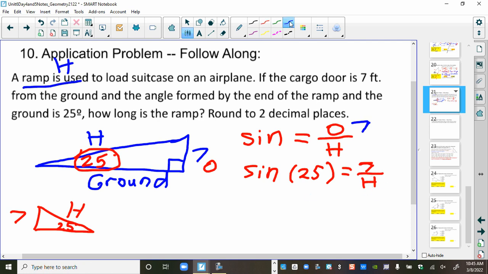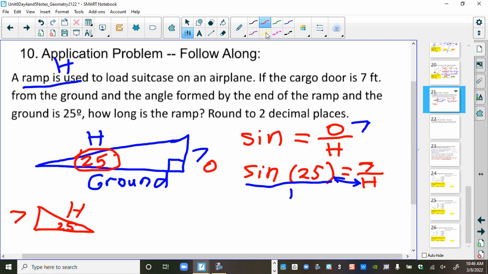Okay. We're going to have to do a little work for this one. However, what could we do with the sine of 25 and the hypotenuse? What can we do to these to make our life very easy? Switch places, yeah. All you have to do is switch.